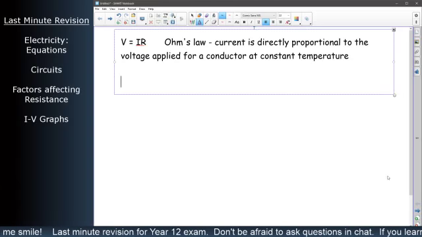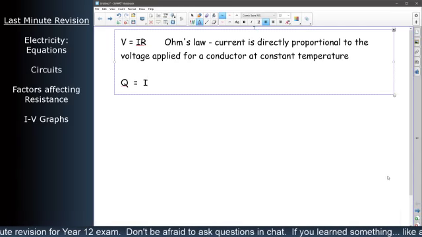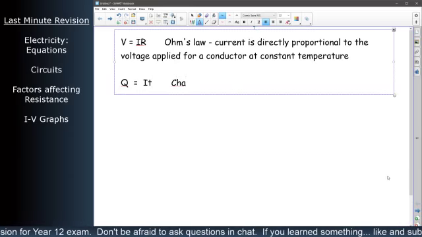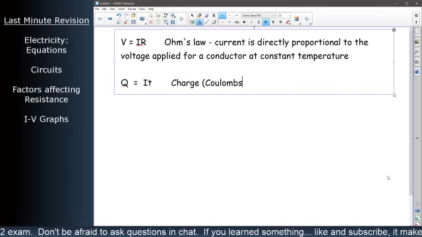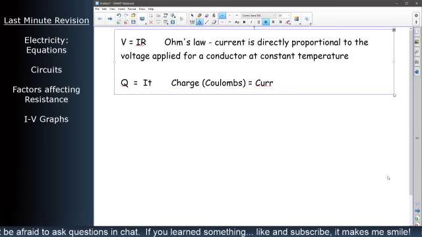Now, the probably most important equation that you're going to have to use is that Q is equal to I multiplied by T, and that is that the charge in coulombs is equal to the current multiplied by the time.